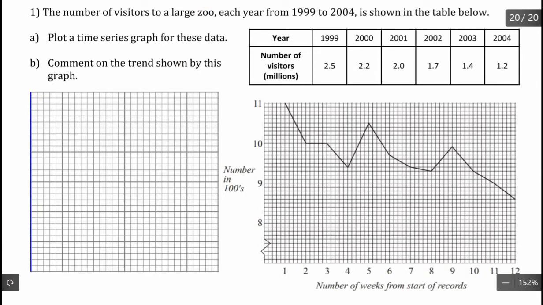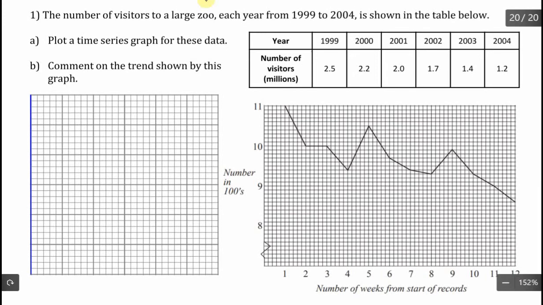And it's really important to label your axes as well. So that is the number of visitors. And if we write on there that this is in millions as well, then we won't have to put that on the actual numbers themselves.